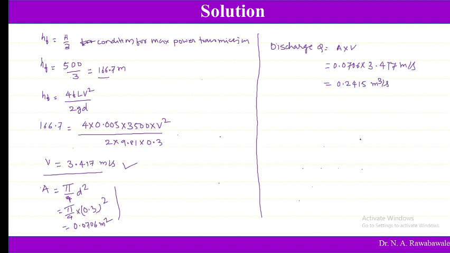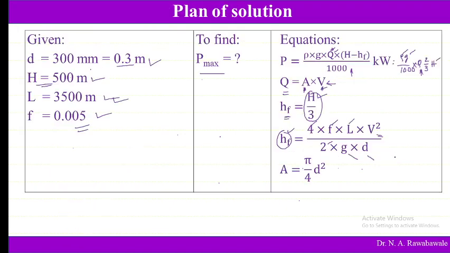Now to find out power, P is equal to rho g divided by 1000 into Q into 2 by 3 into H. So rho value for water is 1000 into G value is 9.81 divided by 1000 into Q value 0.2415 into 2 divided by 3 into H value, which is given in this problem, 500 meters.